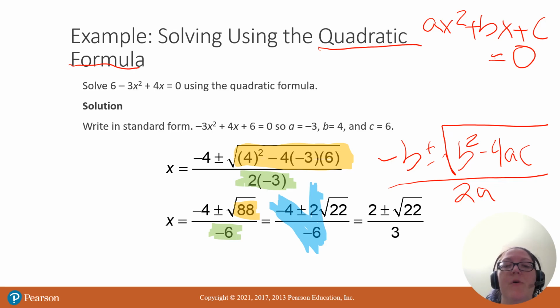Okay. So if you'll notice there that once I simplified it out, they all shared a common factor of 2. And that 2, as I divided out of all three of those items, I'm going to do it as a negative because, again, I don't really like that negative in the bottom. That's why it became 2 plus or minus the square root of 22 all over 3.